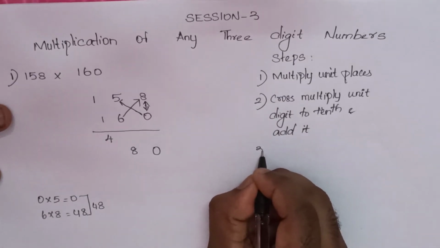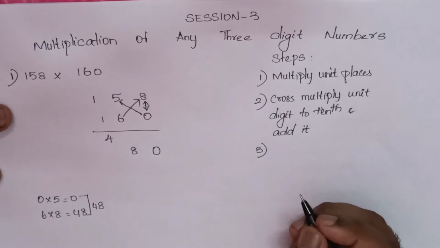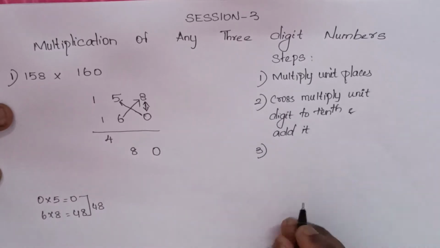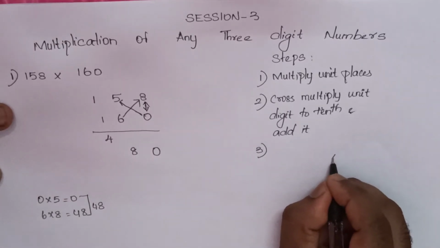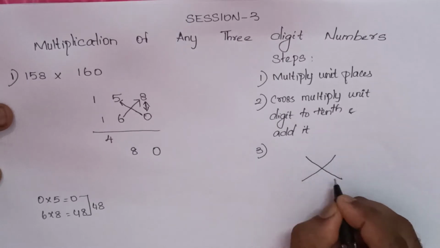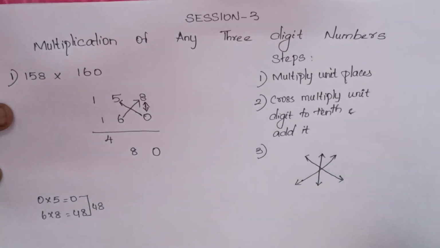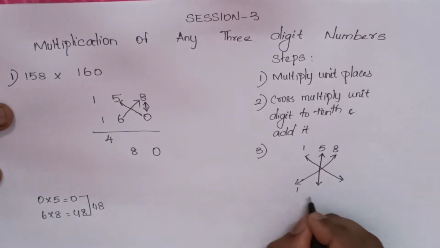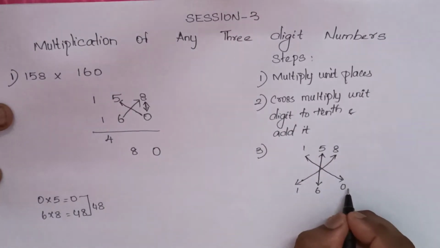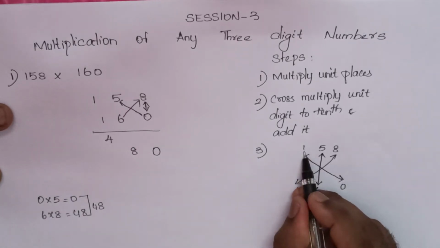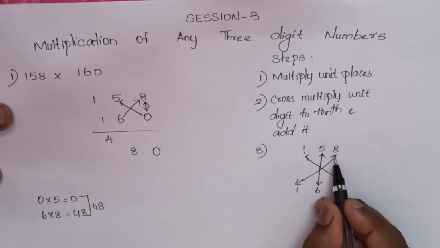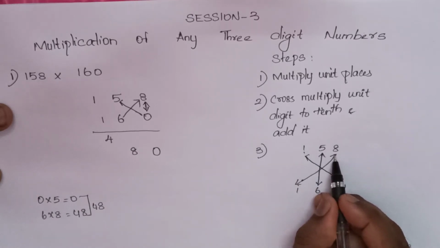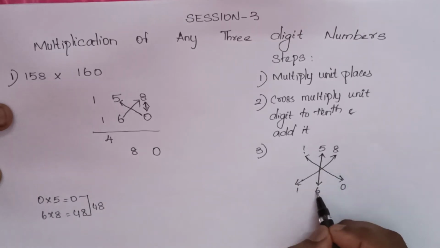The third step is a little bit complex, so you have to draw like this. I am writing the numbers here, 158 and 160. This is the cross multiplication between the unit digit and the 100 and the 100 and the unit, and the multiplication of the 10th digits, and finally you have to add all those things.